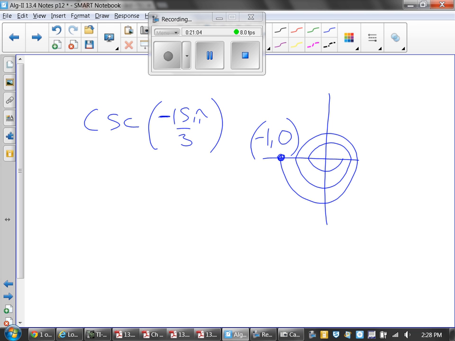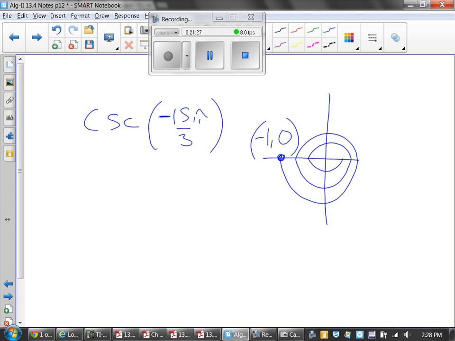So when I'm at this value here, the sine value is 0. The inverse of 0 then would be undefined.